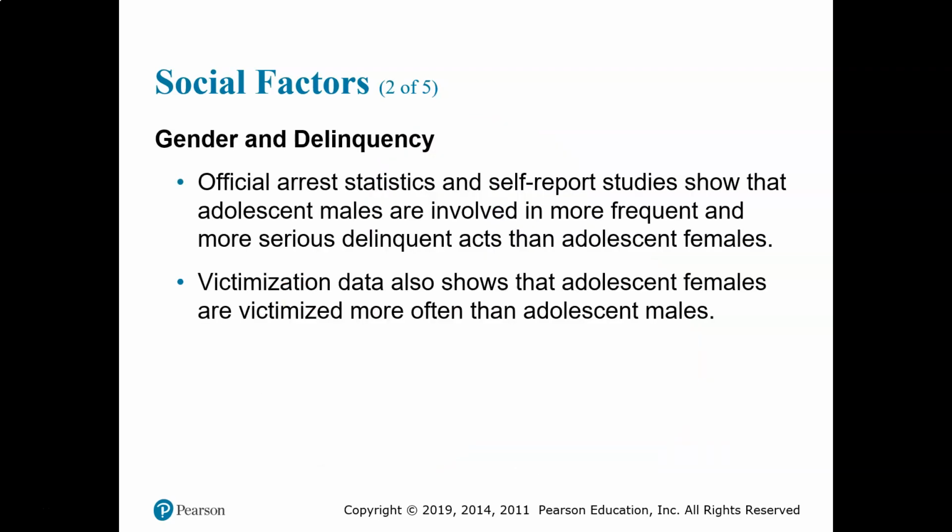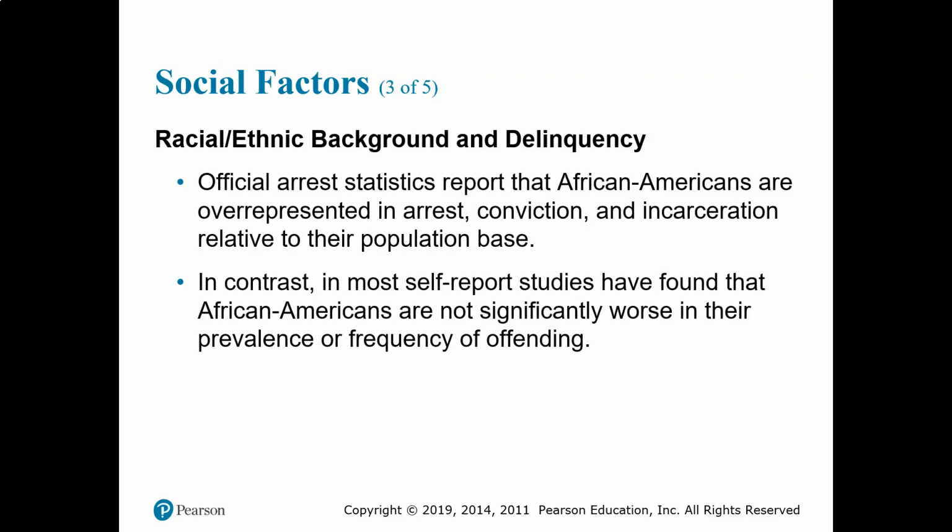So gender and delinquency, like I said, boys are much more likely than girls to get arrested. African Americans are overrepresented in arrest, conviction, and incarceration. In contrast, in most self-report studies, African Americans are not significantly worse in their prevalence or frequency of offending.